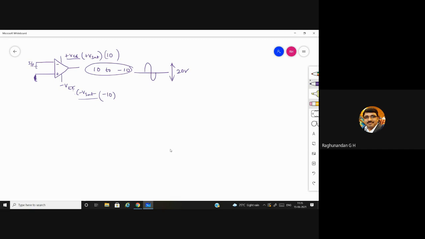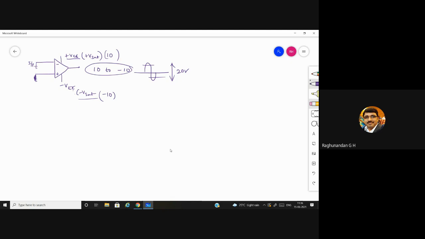If your output signal is trying to cross this level, then after that it starts clipping. Suppose you are giving more and more input here and you might expect more output, because as input is high, output should also be high.